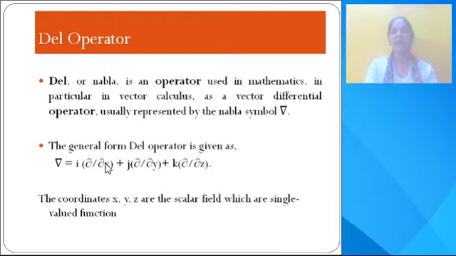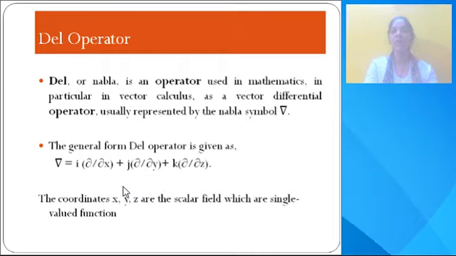The value of del is i ∂/∂x plus j ∂/∂y plus k ∂/∂z. This is the value of del. So this ∂/∂x, ∂/∂y, ∂/∂z, we know, is partial differentiation.